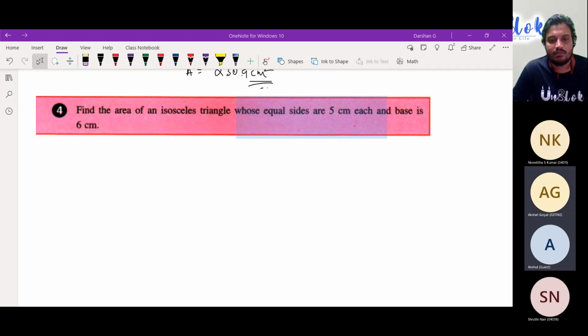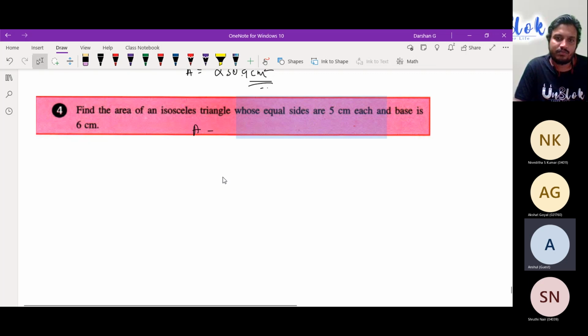Is it 12 centimeter square? It is 12 centimeter square. Okay, let's wait for others. Anyone who got the answer? Yes sir, 12 centimeter square is correct actually.